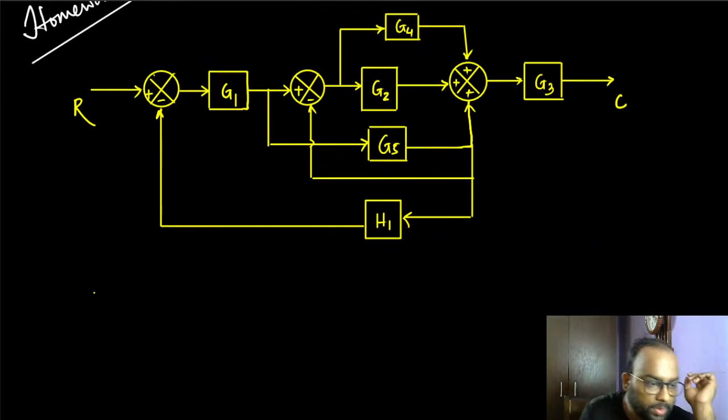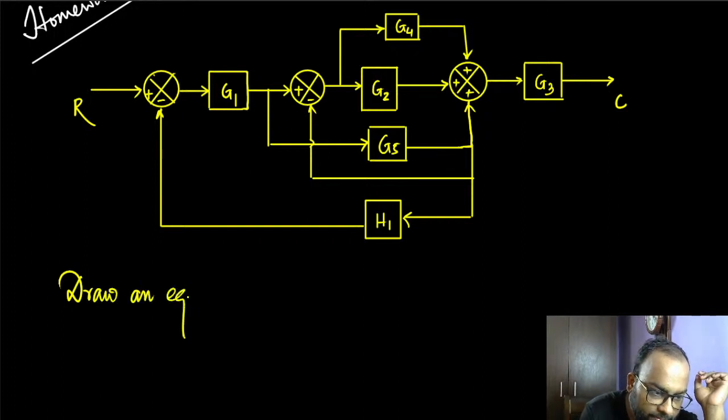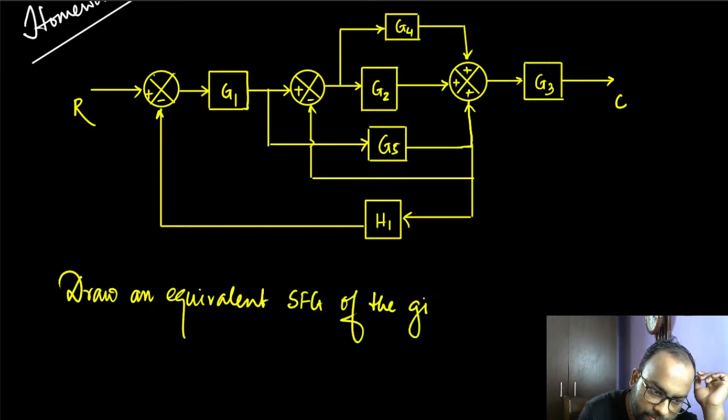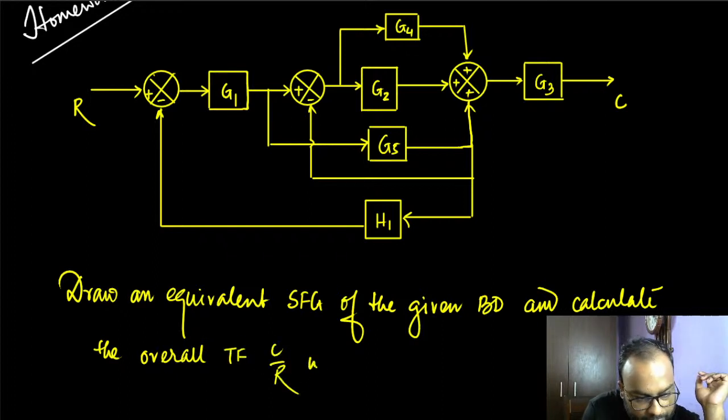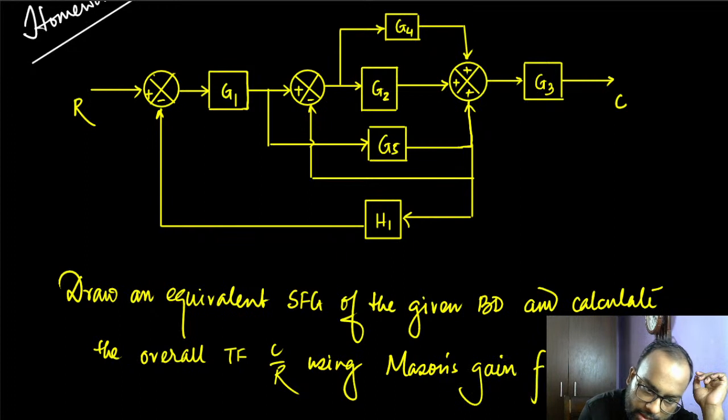So the question is, draw an equivalent SFG of the given block diagram and calculate the overall transfer function C by R using Mason's gain.